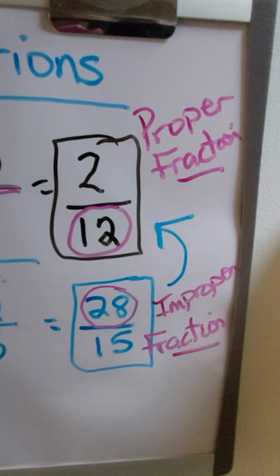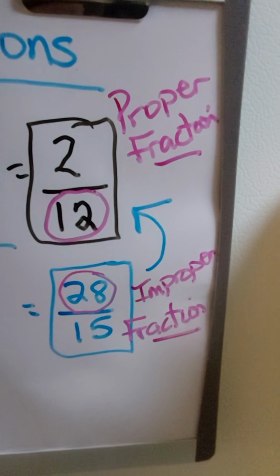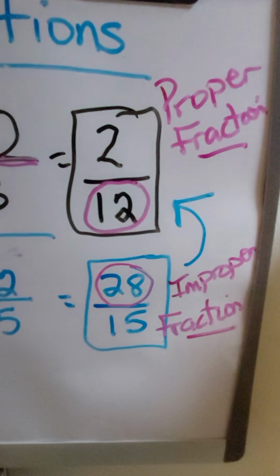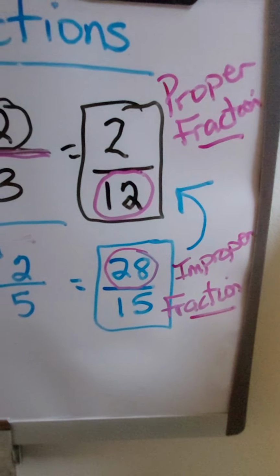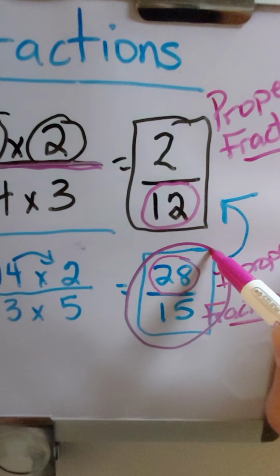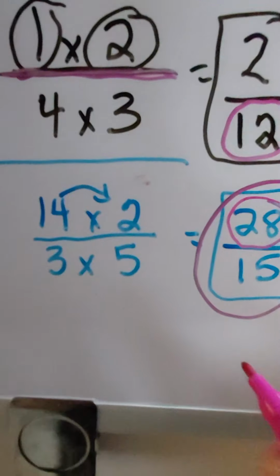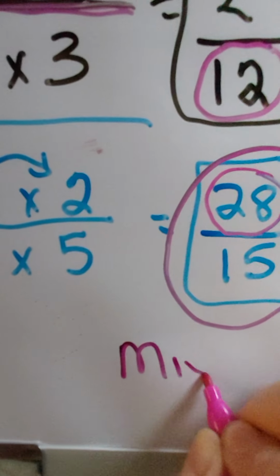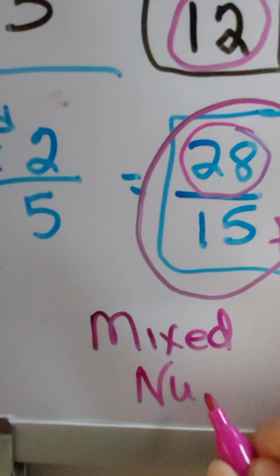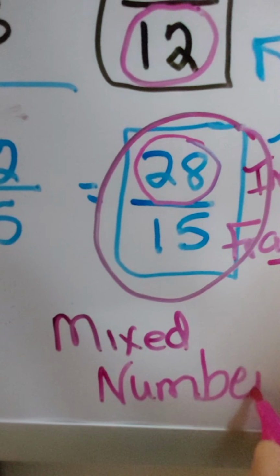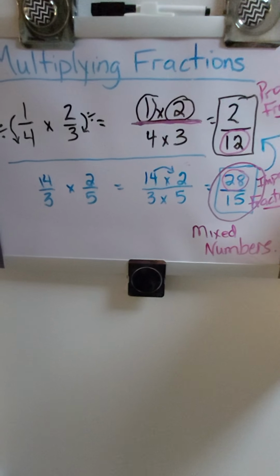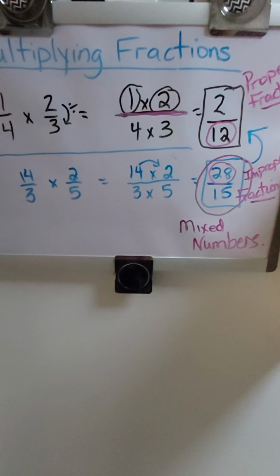And we've learned 2 different types of fractions, proper fractions and improper fractions. Our next lesson next week will be changing improper fractions into mixed numbers, or mixed fractions. Okay, that's all there is to it. It's very, very simple.